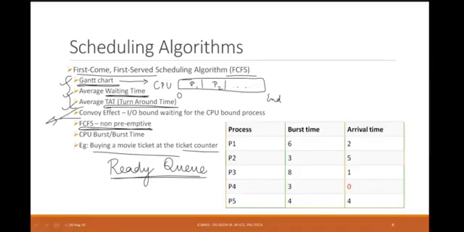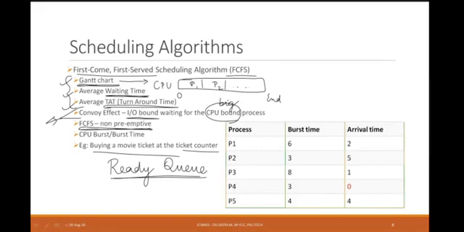What is convoy effect? Okay, we shall assume that we have a lot of IO bound processes and one big CPU bound process. Now what happens? This CPU bound process is going to occupy your CPU.